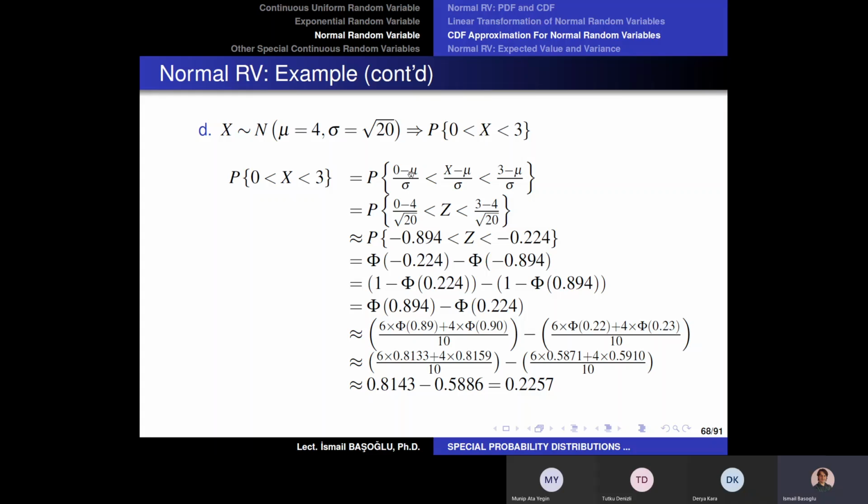How? This time you are going to apply standardization to all three parts of this inequality. So from 0, you subtract the location parameter and divide by the scale parameter. Apply the same for capital X and to the 3 value here. When you do that, the middle is going to become a standard normal random variable, and the boundaries are going to be calculated as minus 0.894 and minus 0.224.